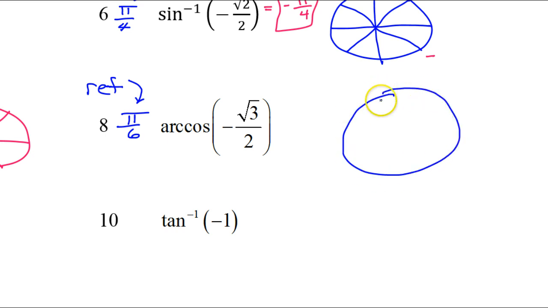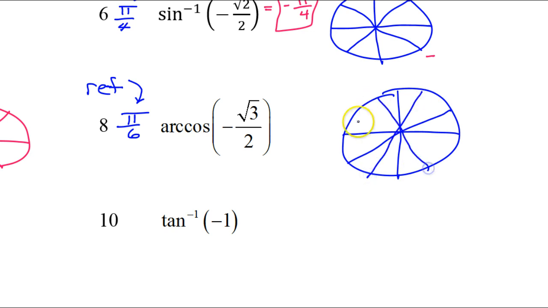So I'm going to draw a quick sketch of pi over 6s. All right, those are my pi over 6s. There are four angles with a reference angle of pi over 6. Cosine is positive on the right and negative on the left. Those are the four angles that have a reference angle of pi over 6. I want a negative cosine, so I can forget about these two.